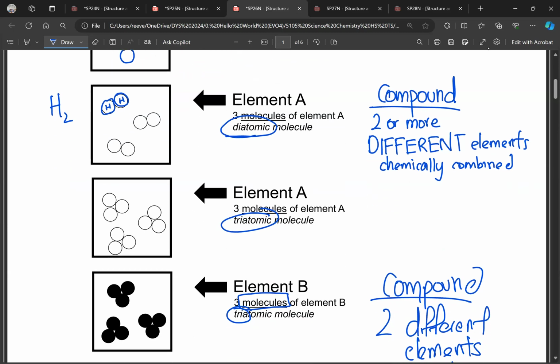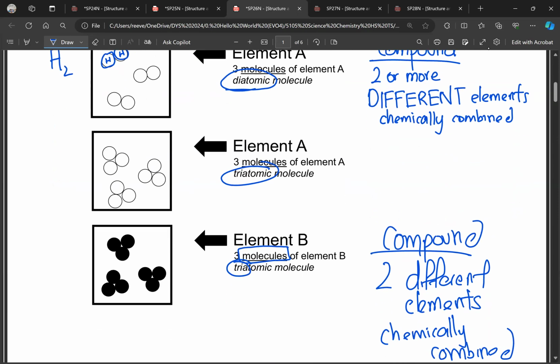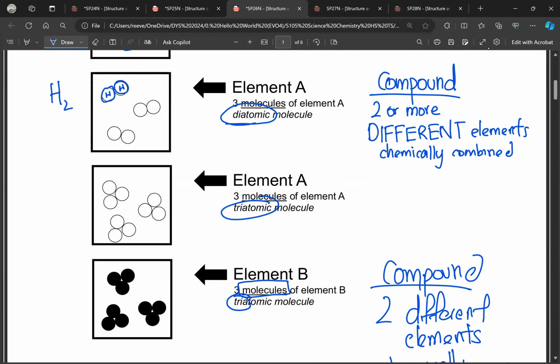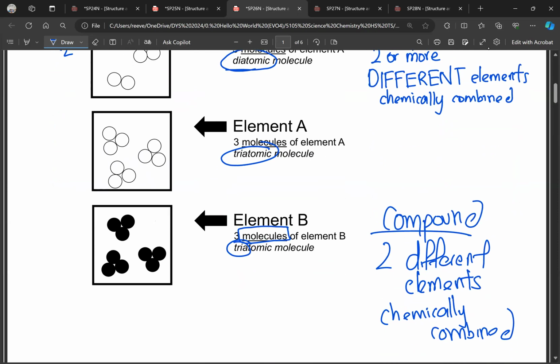So molecule means not an atom. Atom means only one alone. After you merge, it becomes a molecule. So you merge 2 things, but they are the same thing, so it's an element, a molecule. Then you merge 3 things, but all these 3 circles are the same, same type of color. So it's an element, but it's a triatomic molecule.